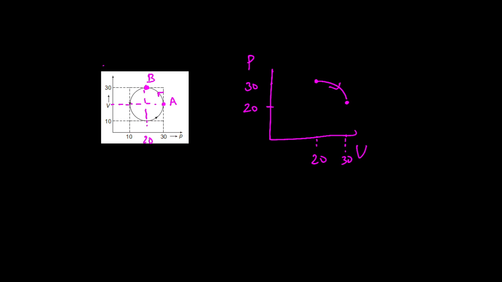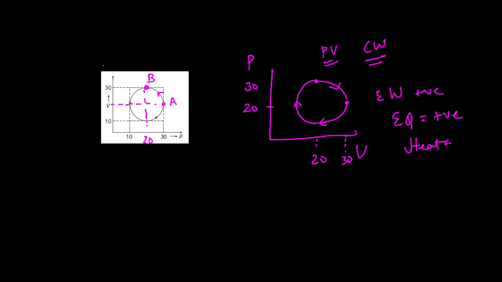So it goes like this, and once it has gone like this, then it will come back like this. Clear or not clear? If we draw a PV graph, this is a clockwise cycle. So work done will be positive. That means sigma q is also positive. That means heat is absorbed. Understood the whole thing now?